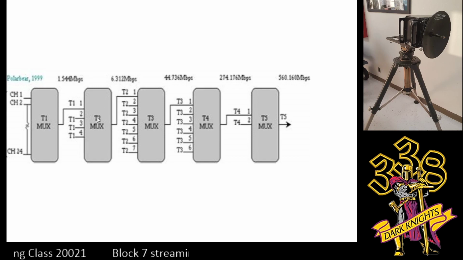And after it gets made, and this is the reason why they say hierarchy, you go into the T3. You'll notice that we have a whole bunch of T2s in line. Just one T1 going into a T2, that's a lot of channels there. So you can see it starts adding up. And this one goes all the way to T5. I'm not sure if you can see it there, Sergeant Young, but it just gives you an idea of how far these things have gone as far as hierarchy is concerned.